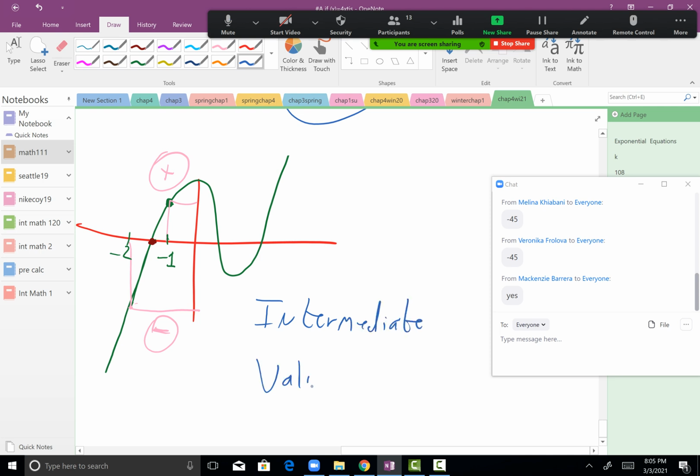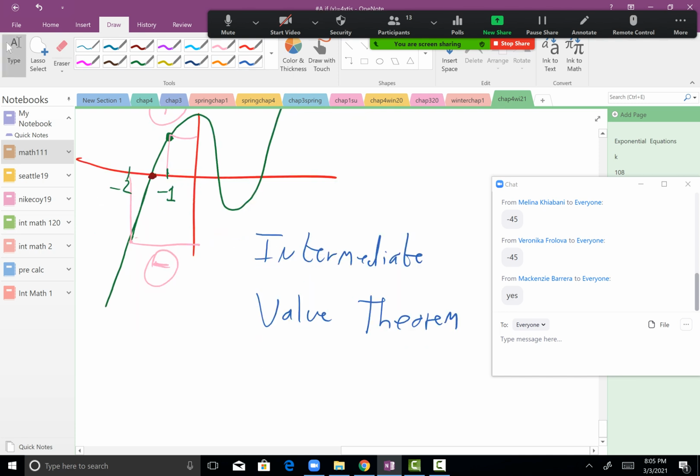Value theorem. All right, so if this one is negative and this one is positive, then I know it's going to cross somewhere in between there. It could cross 10 times, I don't know. I just know it's going to cross there. It's got to cross. And that's what that says.